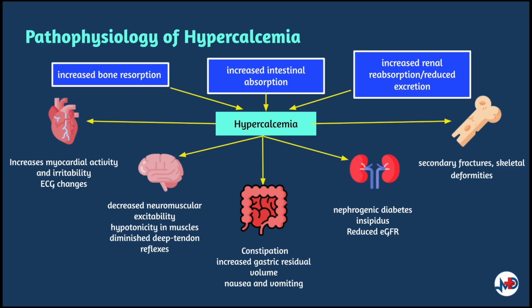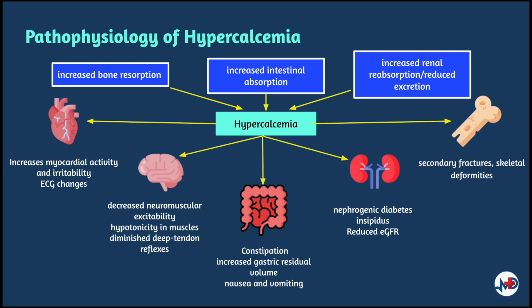So here, the pathophysiology of hypercalcemia arises from various etiologies which cause increased bone resorption, intestinal absorption, renal reabsorption, or reduced renal excretion, leading to hypercalcemia. Its effects on renal, muscle, CNS and bone can be discussed distinctively. In the cardiovascular system, hypercalcemia increases myocardial contractility and irritability, which can be noticeable in ECG.